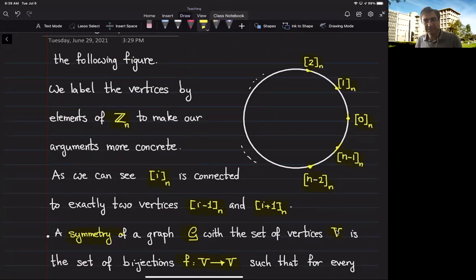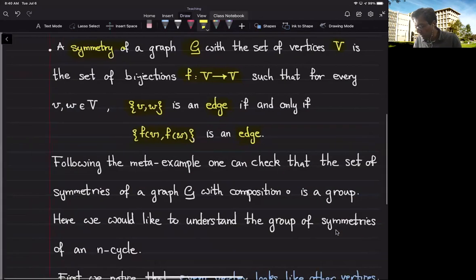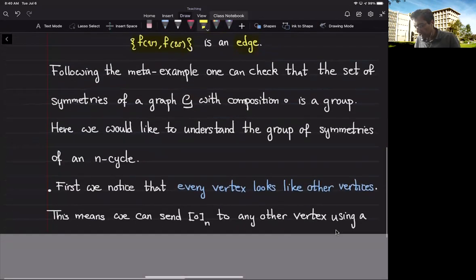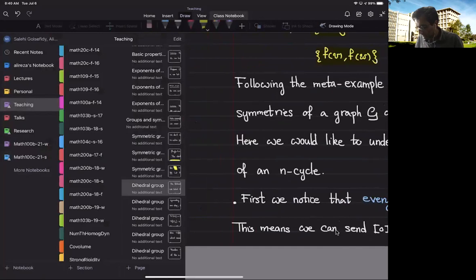If two vertices are connected before rotation, then they are connected after rotation. Rotation is indeed a nice symmetry of this graph. But we can also describe it using addition inside the set of integers modulo n.